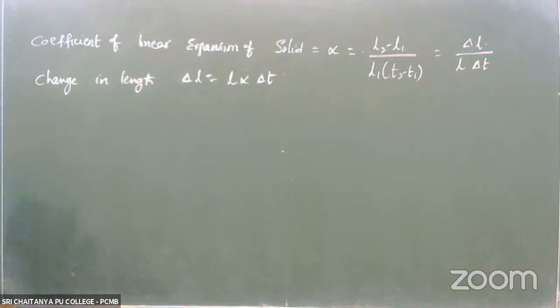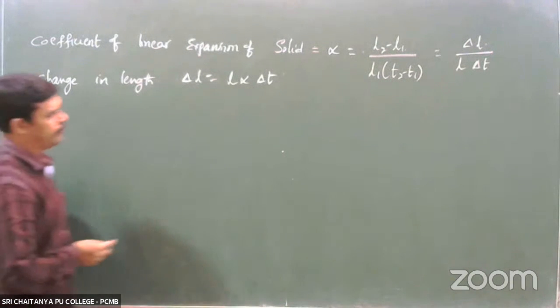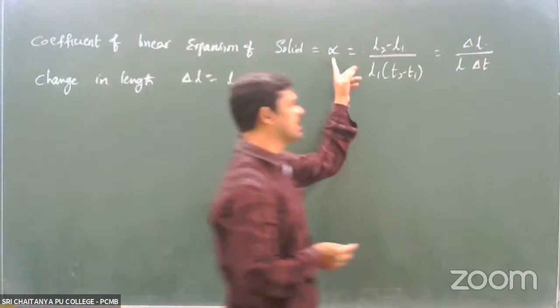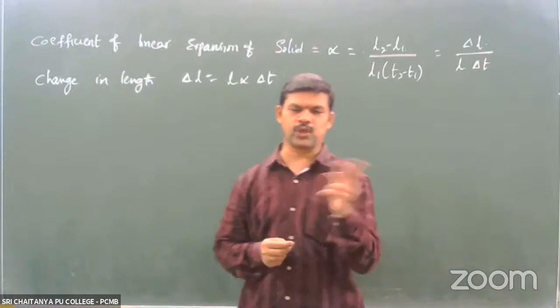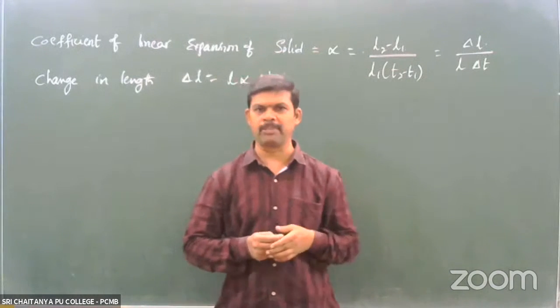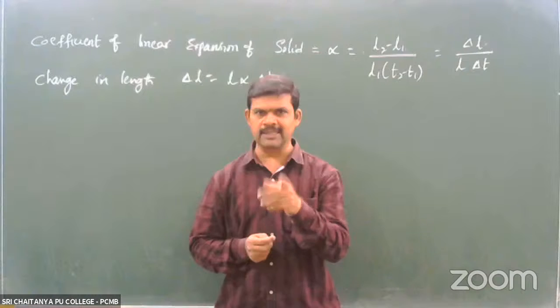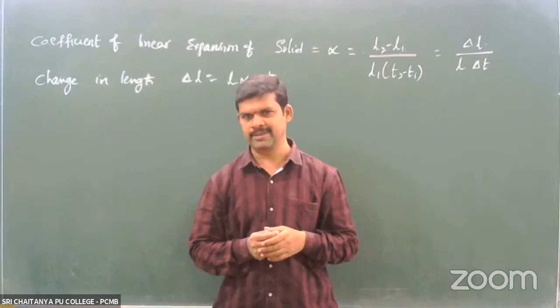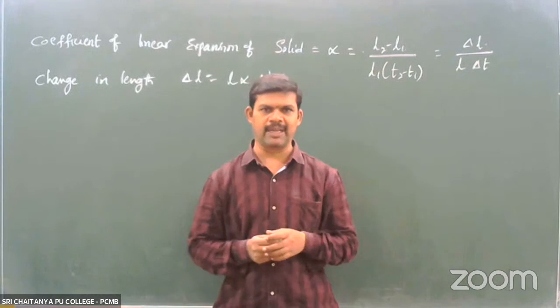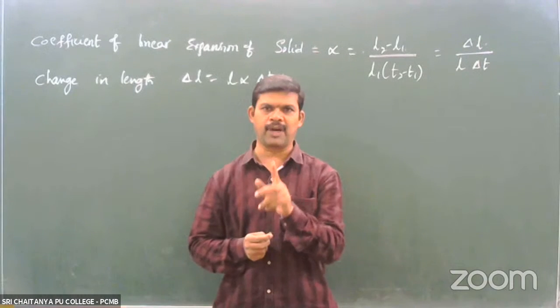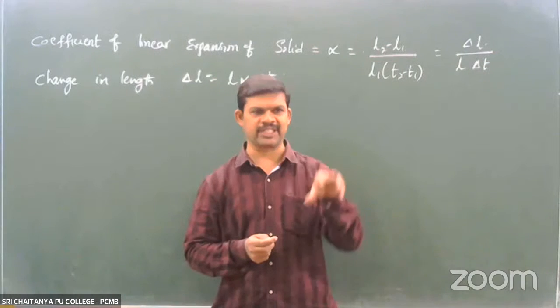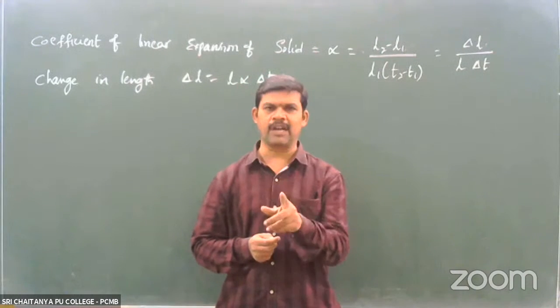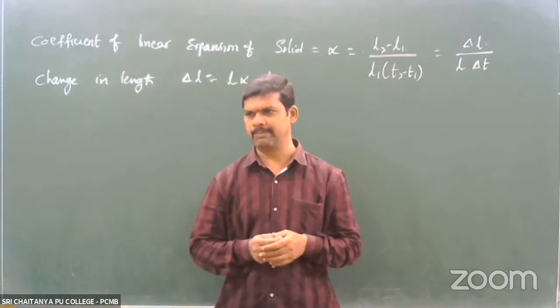Somebody asked me a question, sir, is this alpha value the same for isotropic and anisotropic material? I think this is also discussed in the last class. For isotropic material, the alpha value is the same in every direction, so average alpha is simply alpha only.